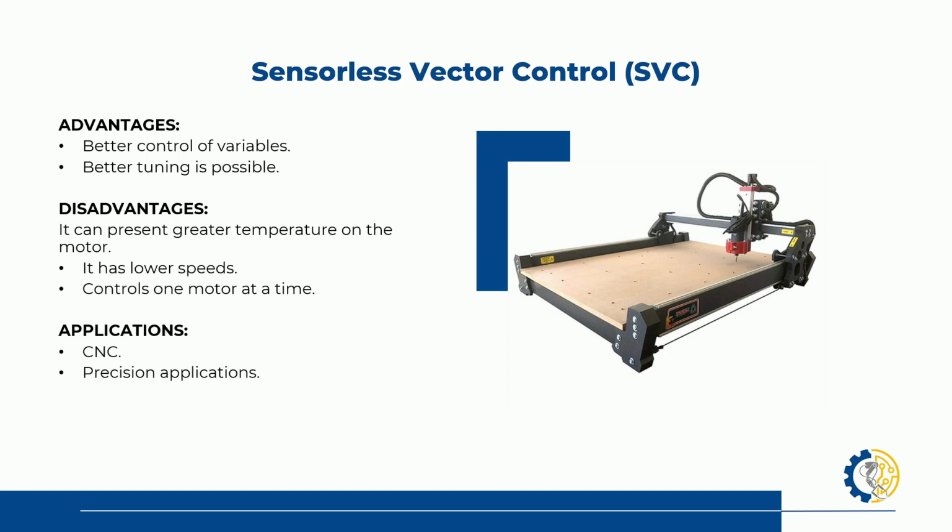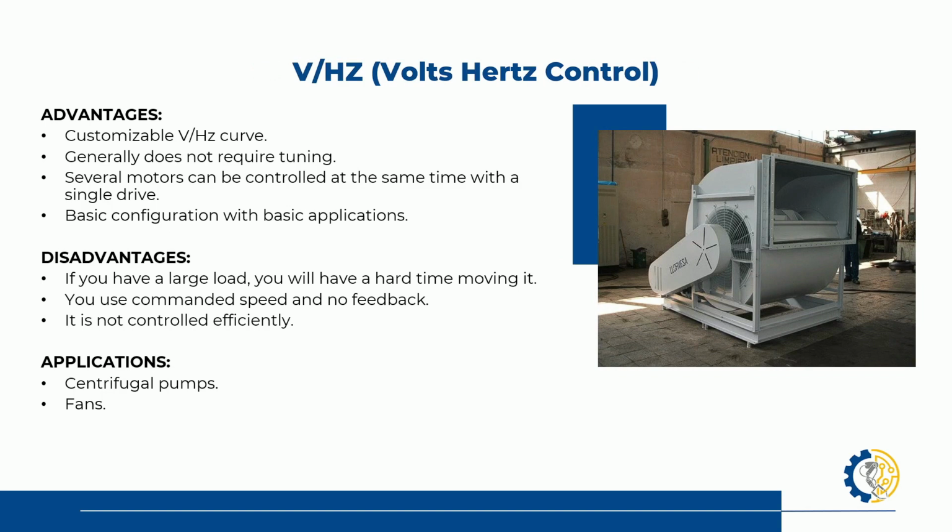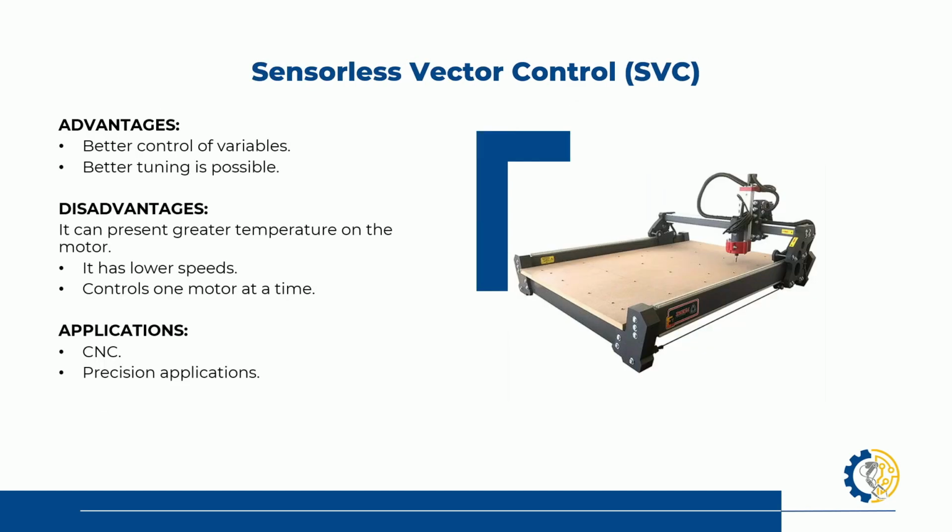But we need to select this type of torque for the control type. If we have selected here our volts hertz and we decrease its speed, then the torque is not going to increase. And it's going to try to compensate if we have that control type SVC installed.